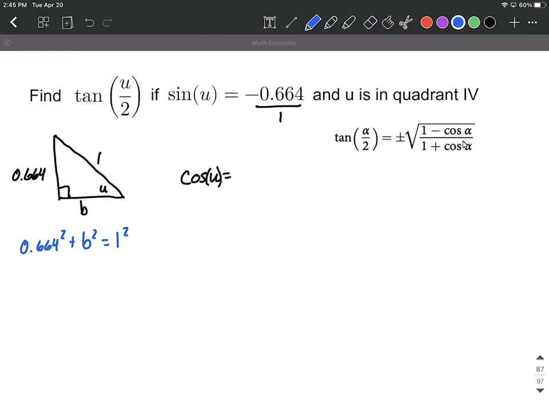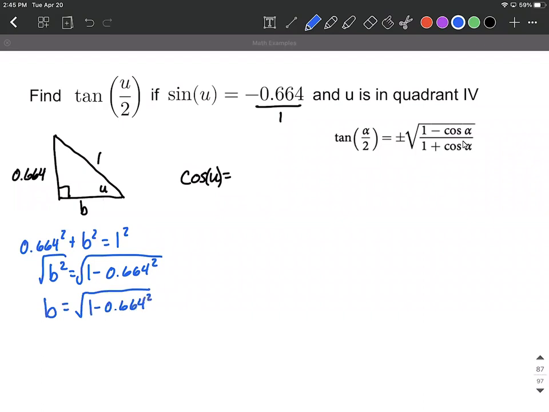Now we could go ahead and evaluate what 0.664 squared is, but for our purposes, I'm going to just move it to the other side initially. And to get b by itself, I'm going to apply a square root. So b is equal to an exact version, the square root of 1 minus 0.664 squared.